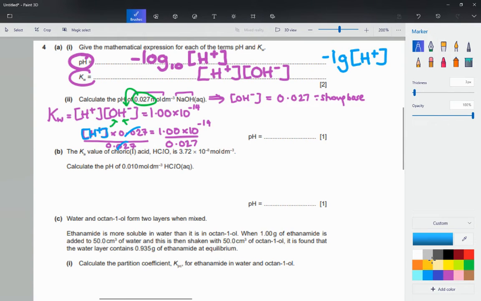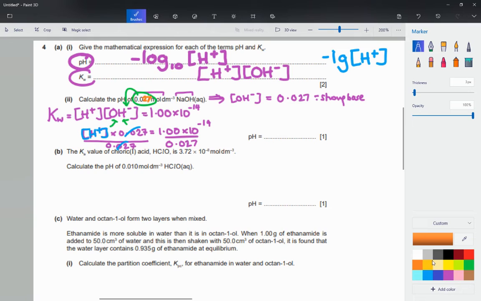So the concentration of H+ would be equal to 1.00 times 10 to the minus 14 divided by 0.027.